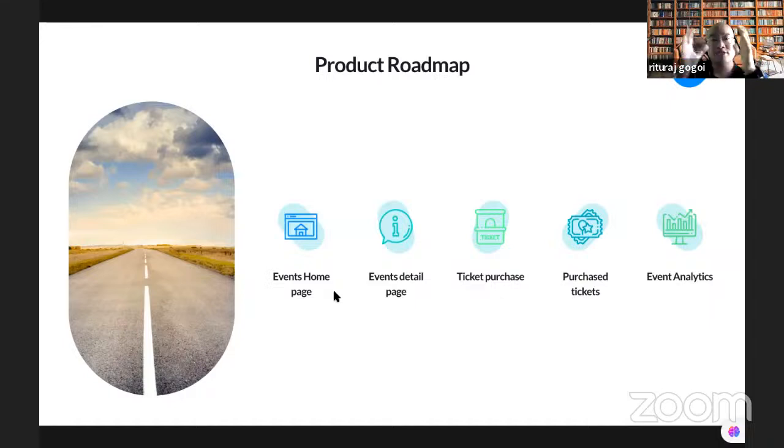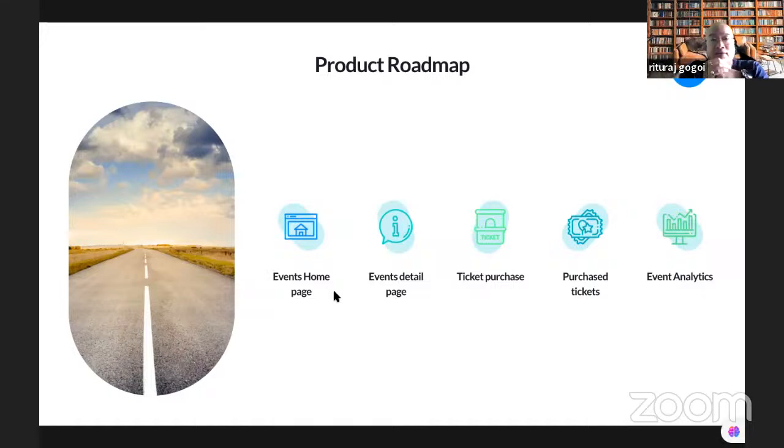And finally, once the tickets have been purchased, we then focus on the post-purchase journey in terms of how we are going to showcase those purchased events on the existing profile of the user, and also how we can notify our users at the right time so that they remember that they have an event to attend.